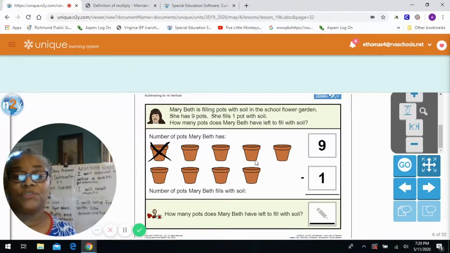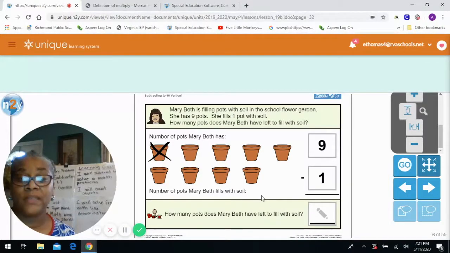So she has 9 pots: 1, 2, 3, 4, 5, 6, 7, 8, 9. Subtract 1, and we're going to have these X's to denote that we're taking it away, so we're crossing it out. So how many do we have left? Now, the word left means to subtract.